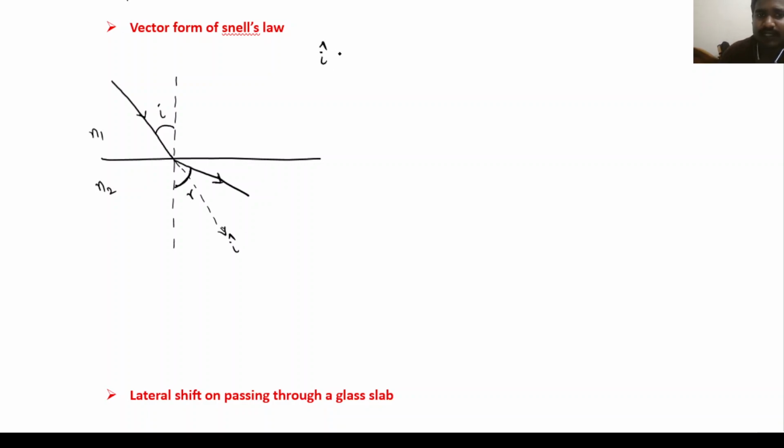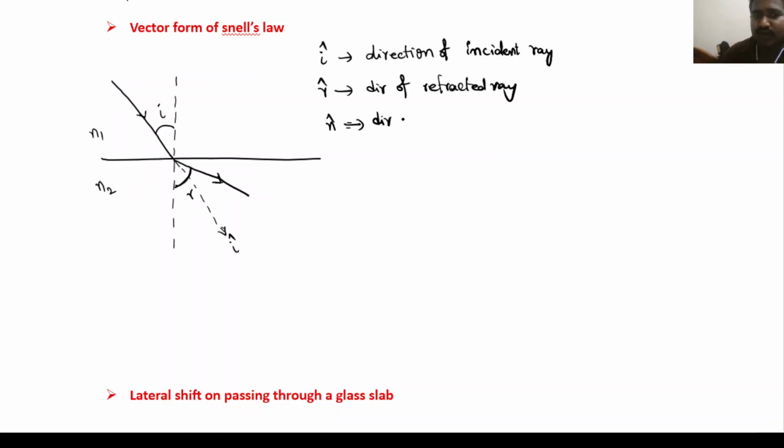Where i cap is the direction of the incident ray, r cap is the direction of the refracted ray, and n cap is the direction of the normal. Already we know that Snell's law is n1 sin i equals n2 sin r.